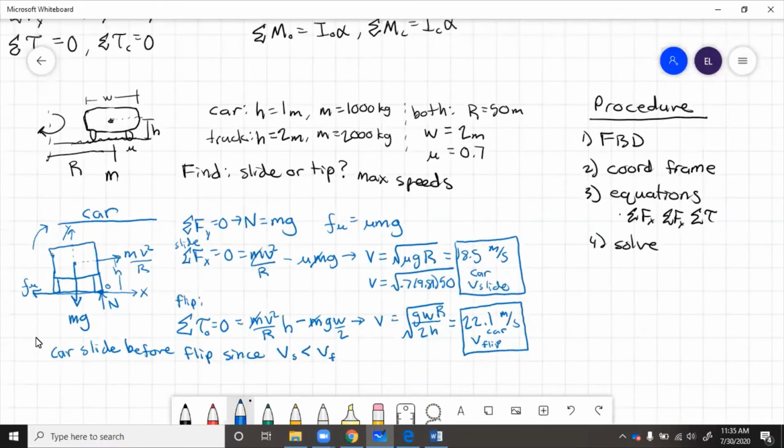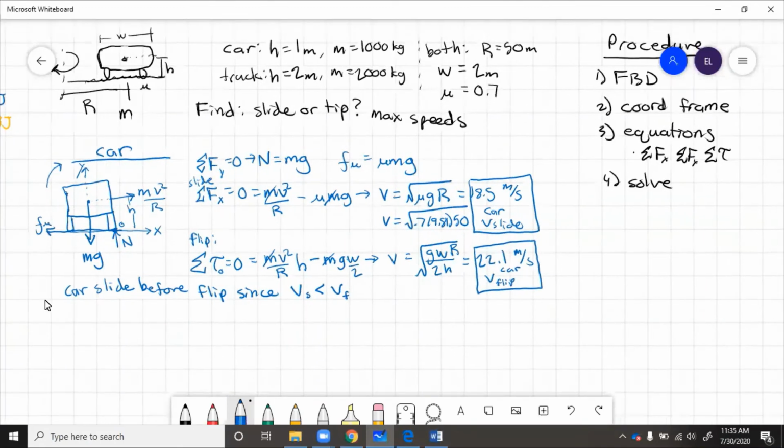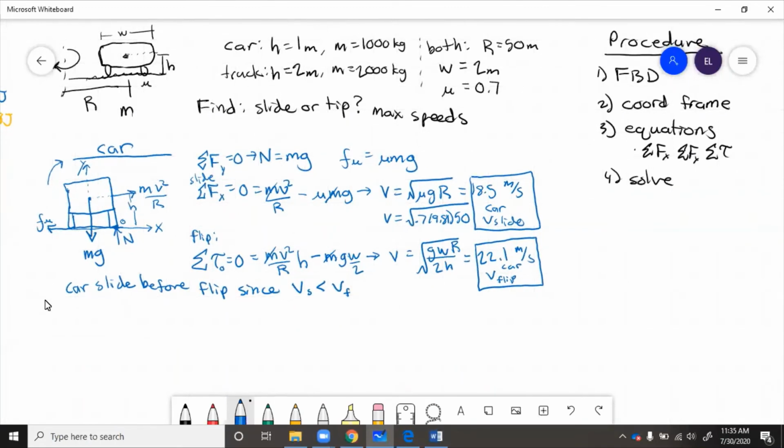Now for the truck, we will calculate and see if it is going to slide first or flip first, and how does that compare to the car. So for the truck, our free body diagram should look exactly the same, because we have the truck sitting on the ground.